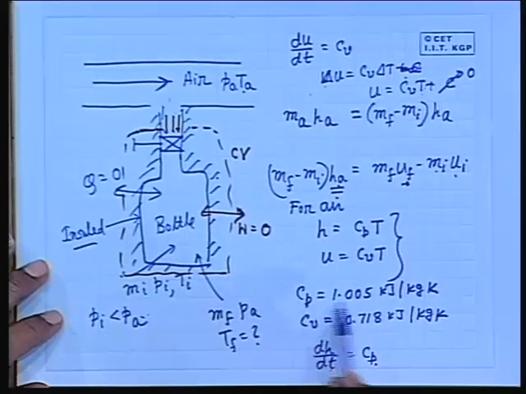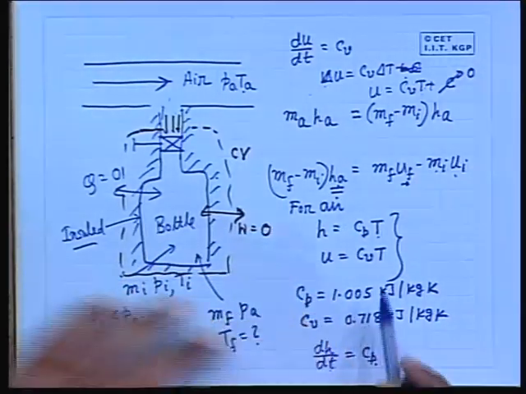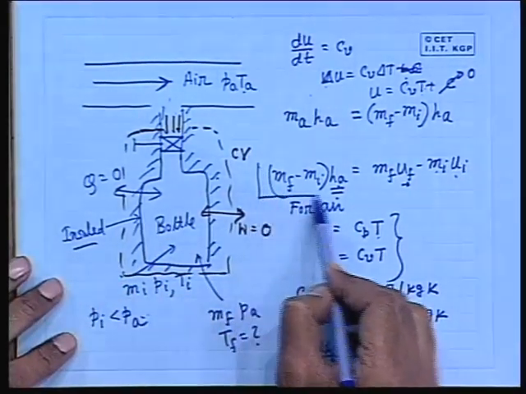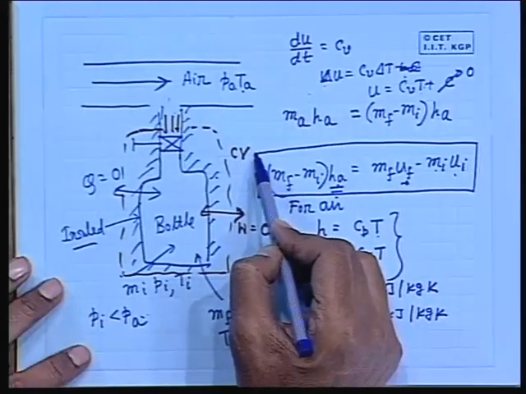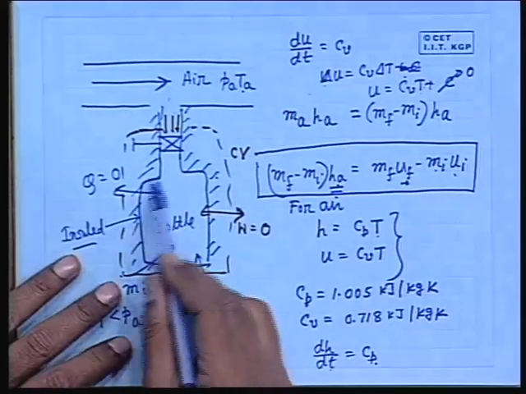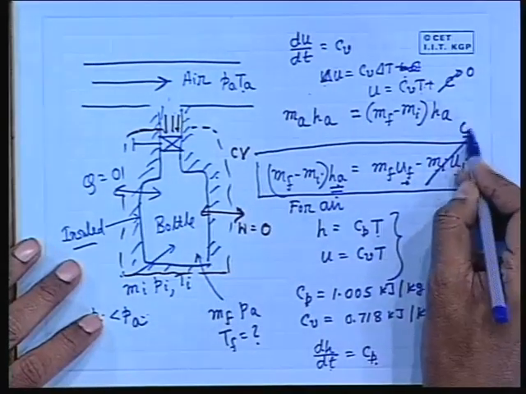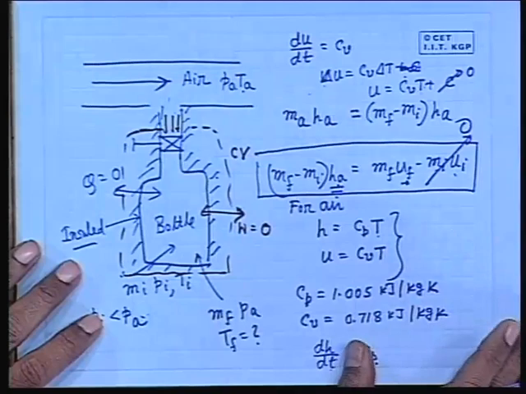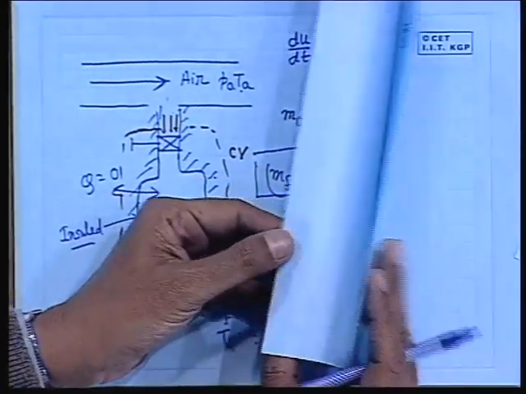So H is Cp T and U is Cv T. If these property relationships are known, I can utilize this formula to find the temperature. In case of an evacuated bottle, the bottle contains 0 mass at 0 pressure, so this term will be 0. The application of this equation is there in this problem 3.